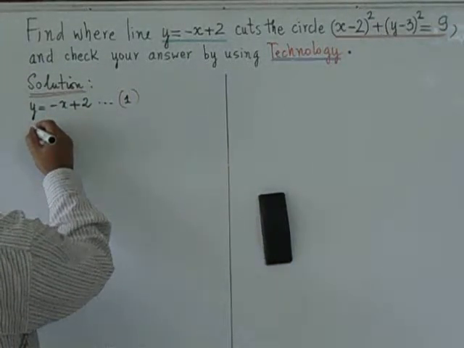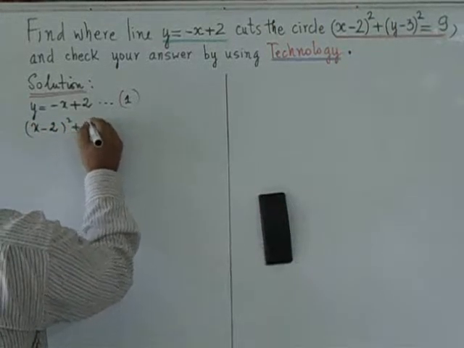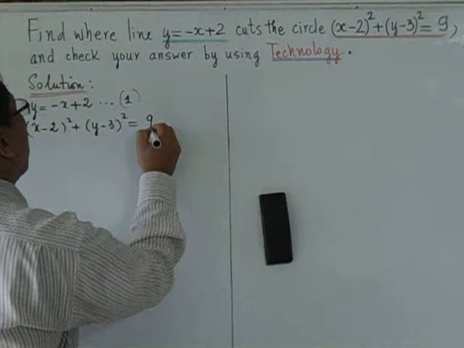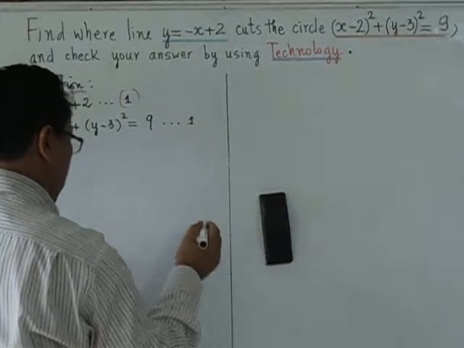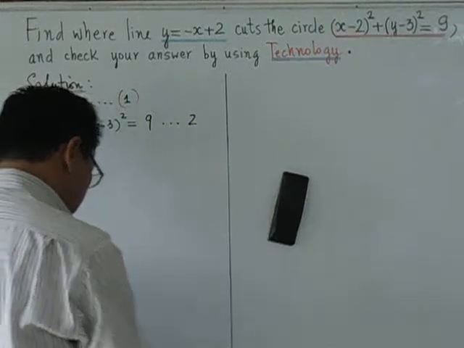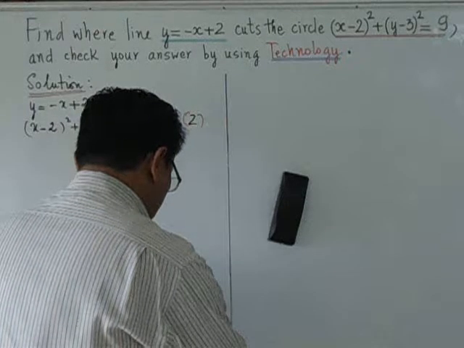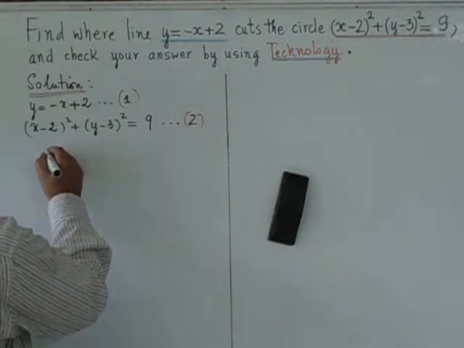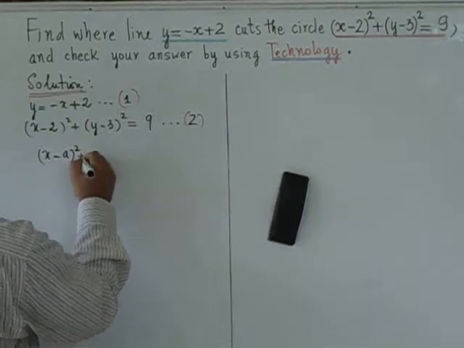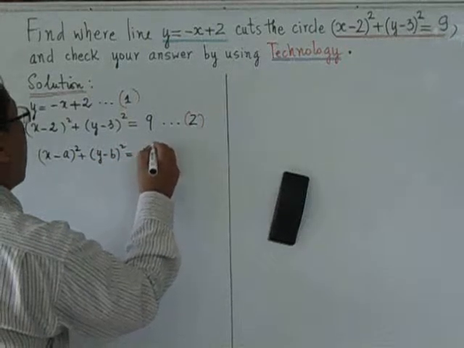And the equation of the circle is (x minus 2) power 2 plus (y minus 3) power 2 equals 9. We call this equation 2. Now we see (x minus a) power 2 plus (y minus b) power 2 equals r power 2.